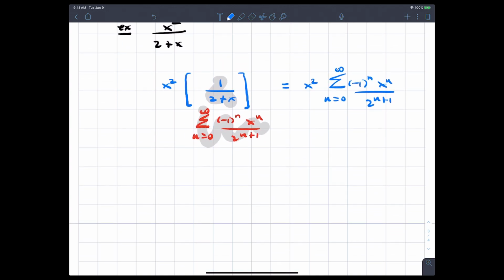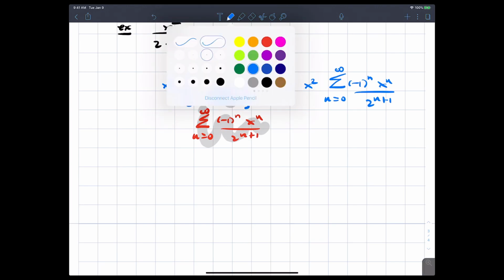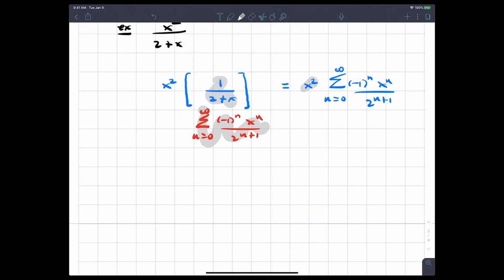Right? But again, what will happen is I can now use properties of summation here. I can multiply in this x squared. I can put this in by the distributive property, because this is a product times a sum. So this becomes the summation from 0 to infinity, negative 1 to the n, x to the second power times x to the n over 2 to the n plus 1.